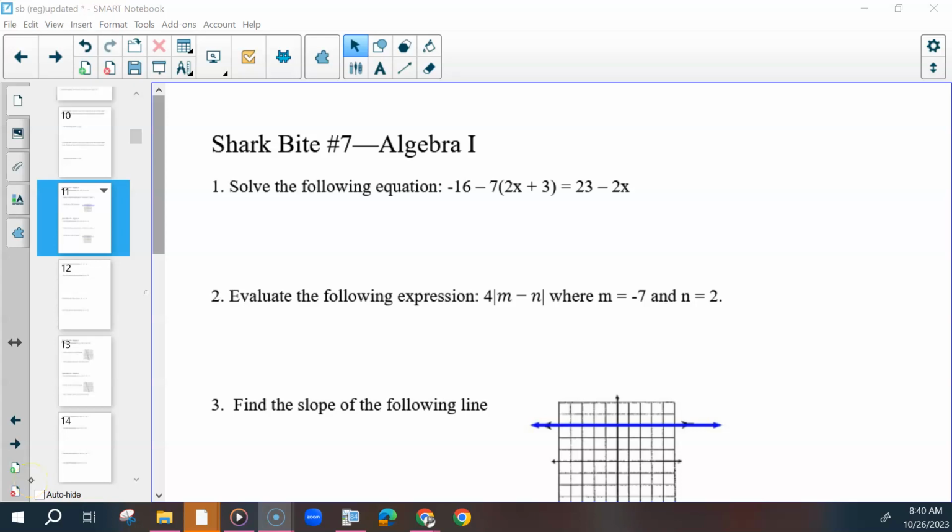On the shark bite, show me which number or numbers you would like to go over or have questions about. If you were 1, raise your hand.